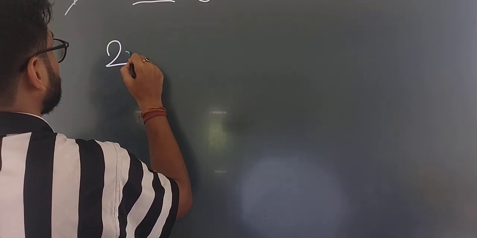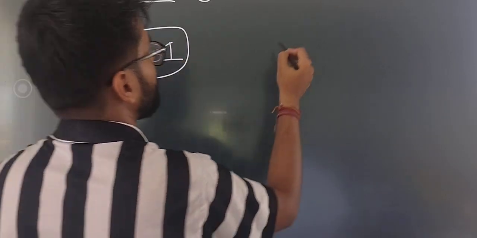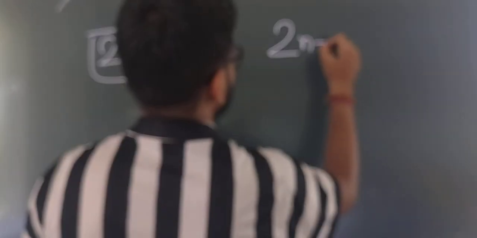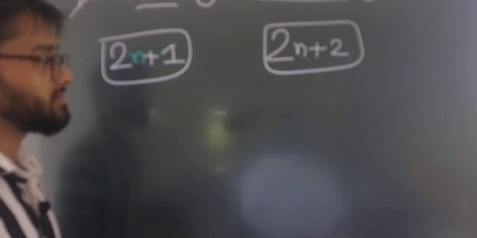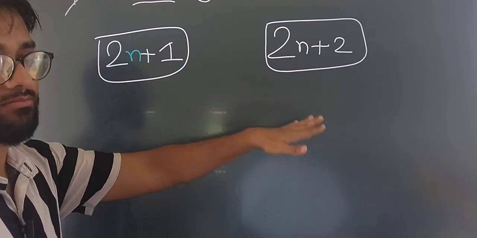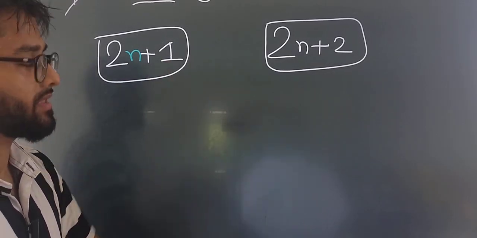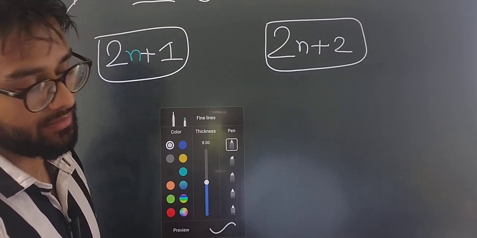Trisomy is 2n plus 1, whereas tetrasomy is 2n plus 2. Do you see the similarity? There you were deleting, now you are simply adding. The explanation is still the same.